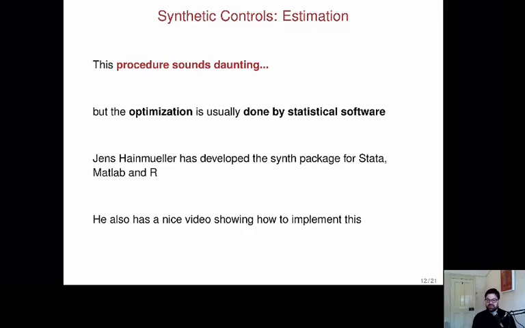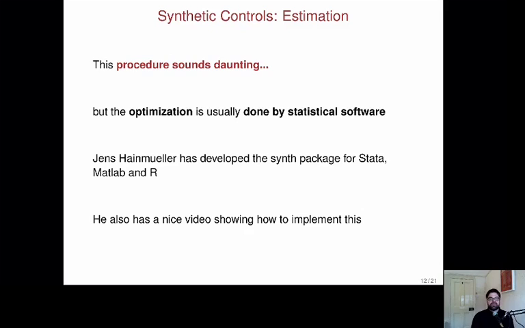This sounds pretty arbitrary, as if different algorithms would yield very different counterfactuals and results. In practice, this seems not to be the case. The simple minimization algorithm, just a method of moments procedure, typically does a very good job at finding a counterfactual that matches the pre-trends very well.